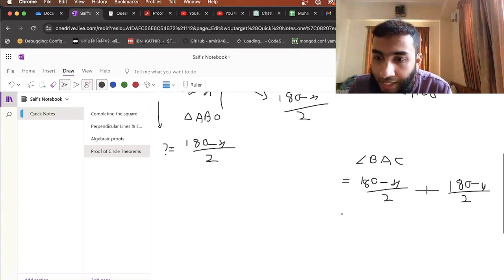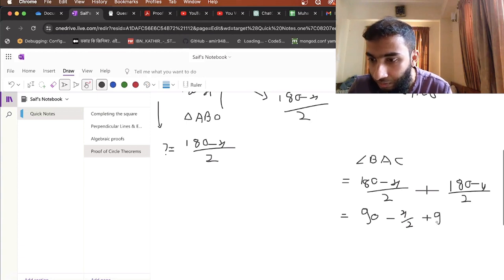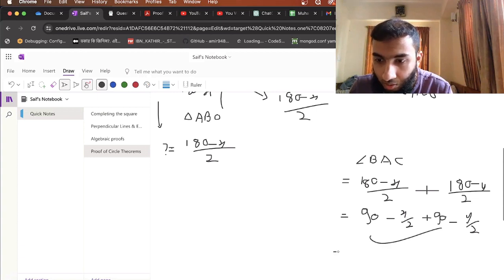If we simplify this equation, we can also write 90 minus X by 2 plus 90 minus Y by 2. So we can also write 90 and 90 is 180, so we can write 180 minus X by 2 minus Y by 2.